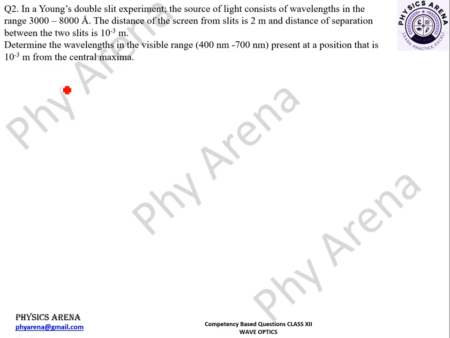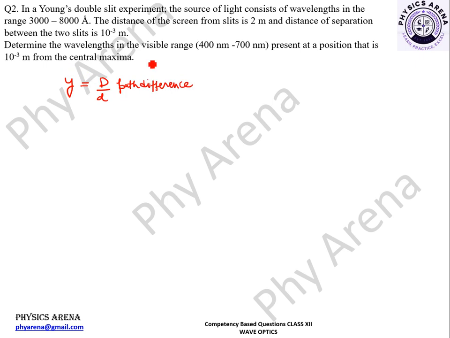In question 1, we established a relation between y, the distance of point P from the central maxima, and the path difference: y is equal to D by d multiplied by the path difference.